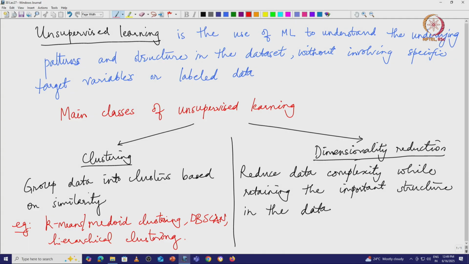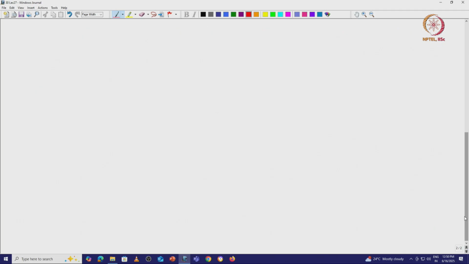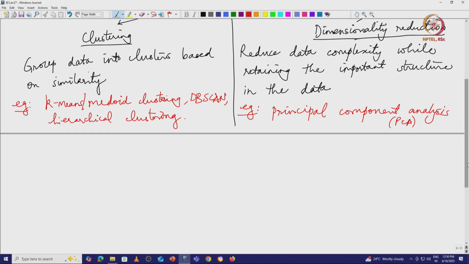When you come to dimensionality reduction, the kind of available algorithms are, say, the principal component analysis, which is shortened to PCA, and other types of algorithms like T distributed stochastic neighbor embedding, TSNE, UMAP, uniform manifold approximation and projection, as well as things like autoencoders.